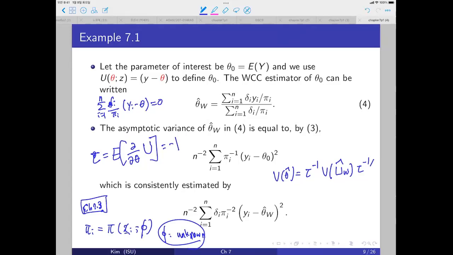That is the more realistic situation with missing data, and it will be covered in the next class. But for now, we'll just focus on some basic theory using pi_i.